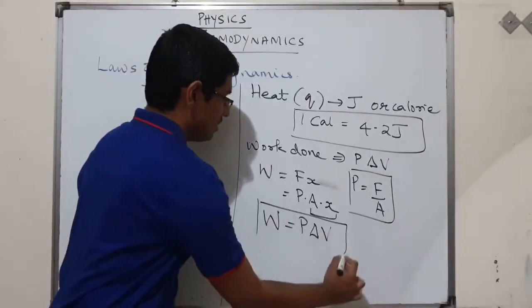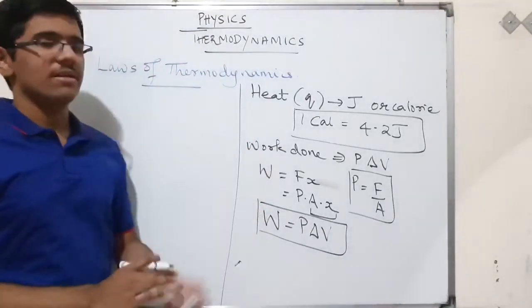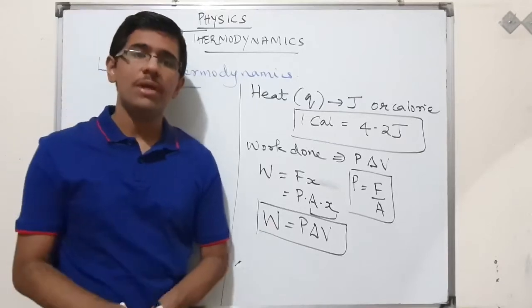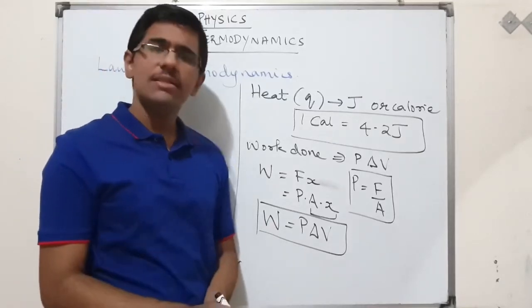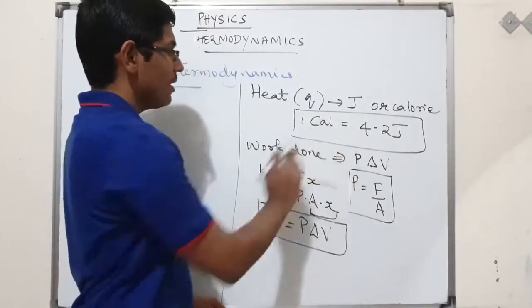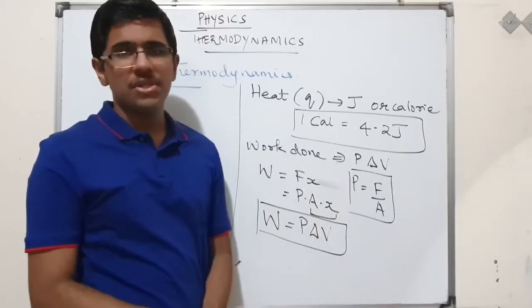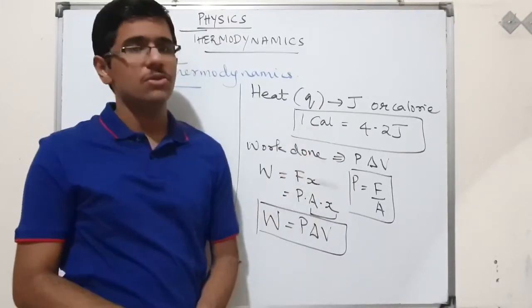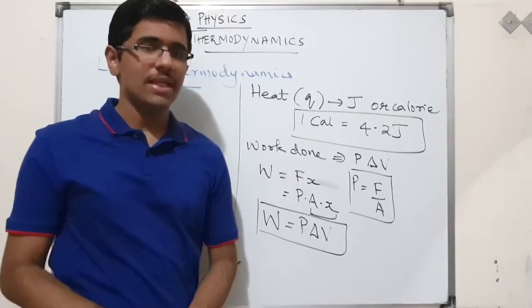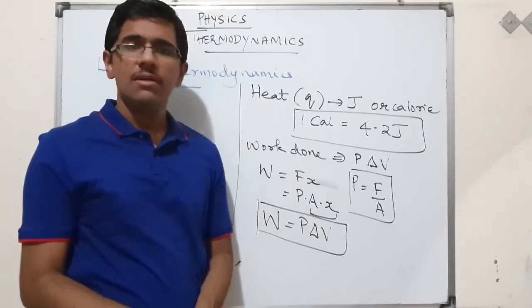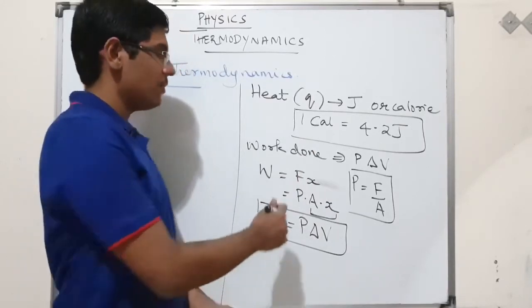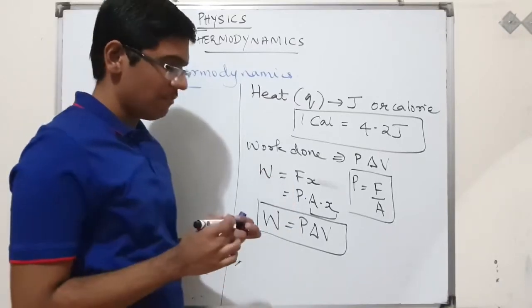Pressure into change in volume gives you the work done, how much work you are doing on that system. Its unit is also joule or calorie. Work done in SI unit is joule, and calorie is not an SI unit, but it is another unit of heat and work done. Okay, work done, these terms you should be familiar with.